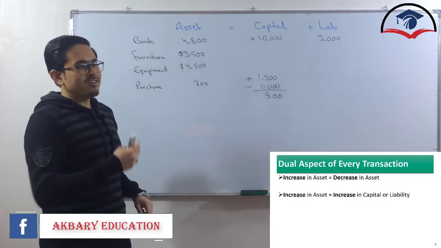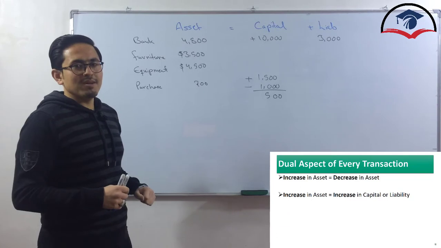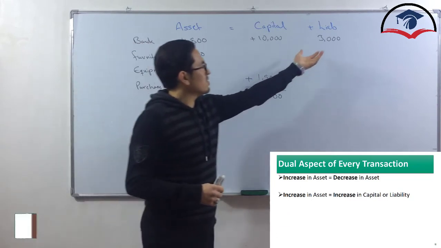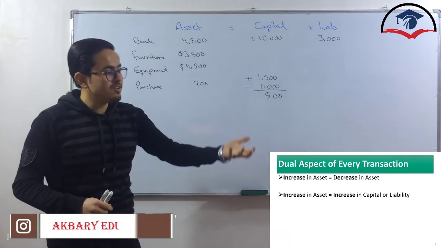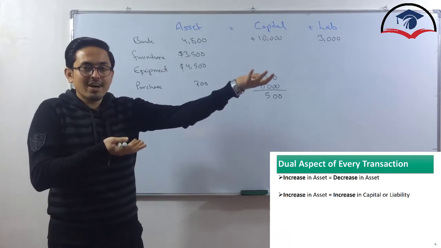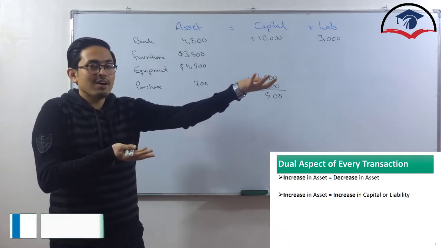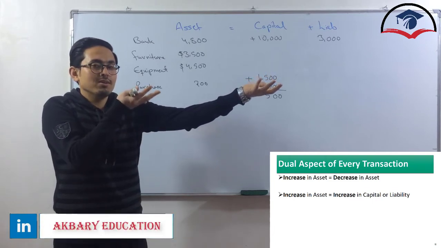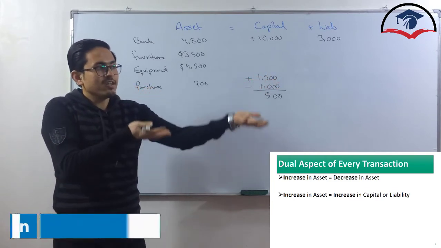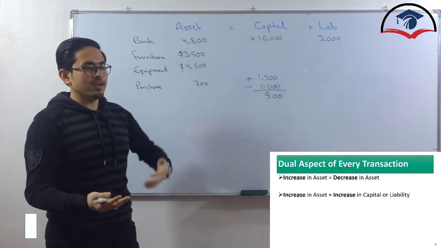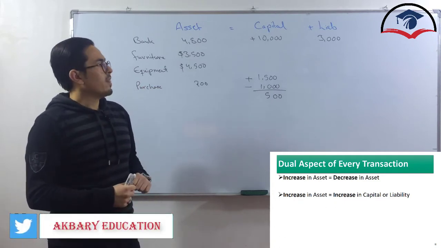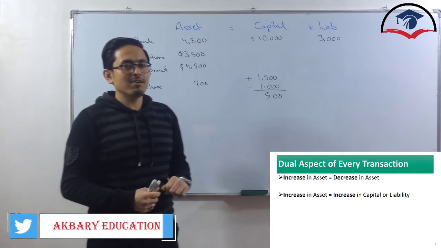You remember he received some cash as a liability to the business, $3,000. This $3,000 was an increase in the liability, and on this side we have increased the level of cash available to the business. So it's an increase on both sides. Suppose on the 15th of the next month, he paid back $1,500.